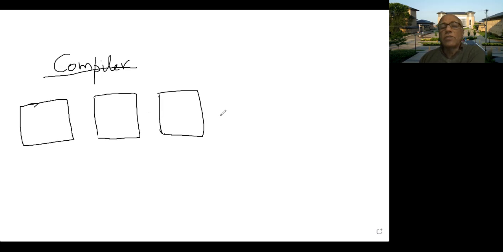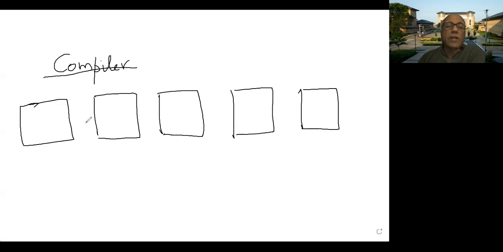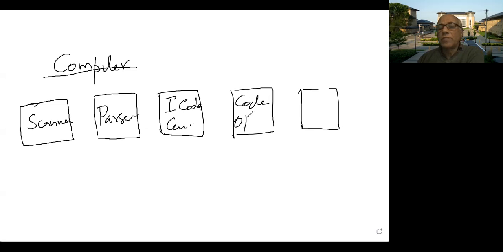I can think of 5 or 6. Let me start with 5. One of the components of a compiler is a scanner. Then there is parser. Then intermediate code generator, code optimizer, and code generator.